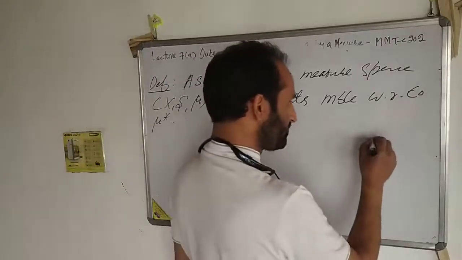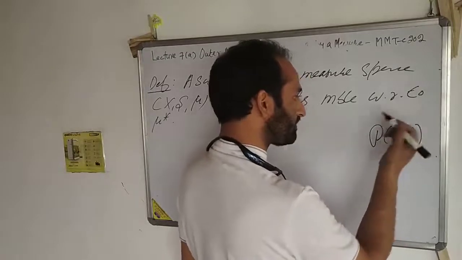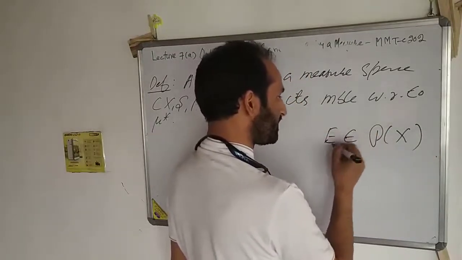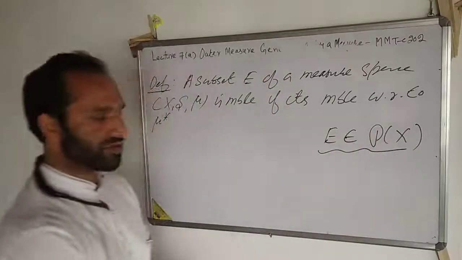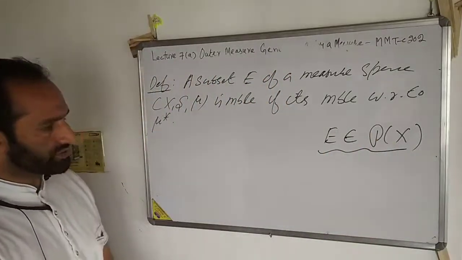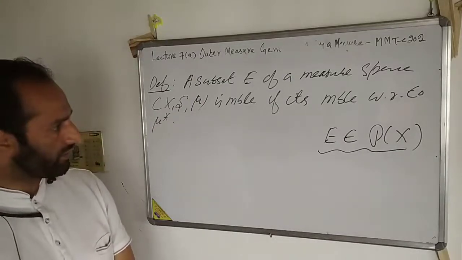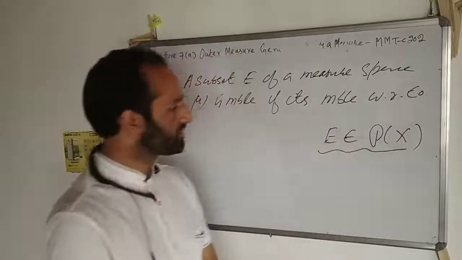Actually we have to check which subsets, which members of P(X), are measurable. If E is a member of P(X), is it measurable or not? In general, not all subsets of X are measurable.